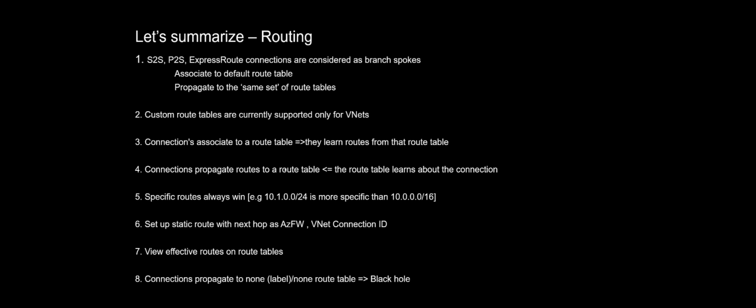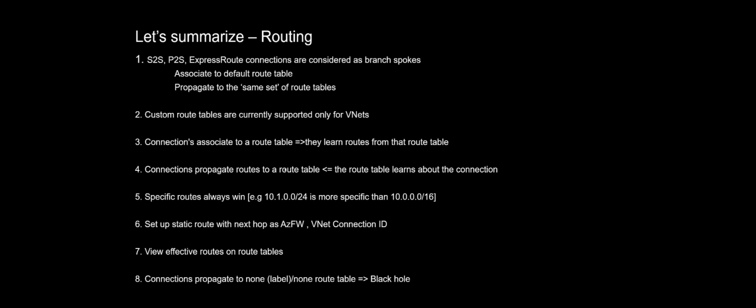Remember that connections associate to the route table that they want to learn routes from. So basically saying, hey, I want to associate myself with you so I can learn your routes. And then connections propagate routes to a route table, right? So the route table learns about that connection.